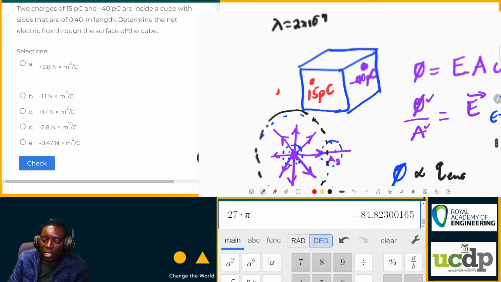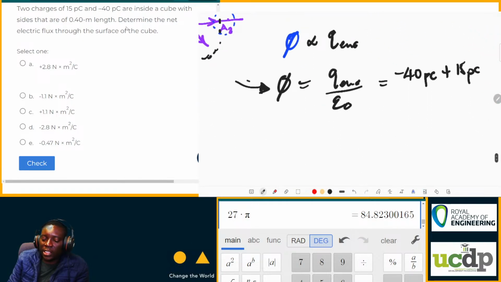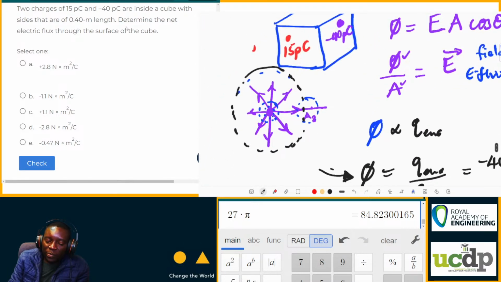Did I get those positive and negative with their charges? Because remember, if I put a negative charge here, some of these fields are terminating there. And some of these fields would also maybe terminate there. And this one is now more of a sink.